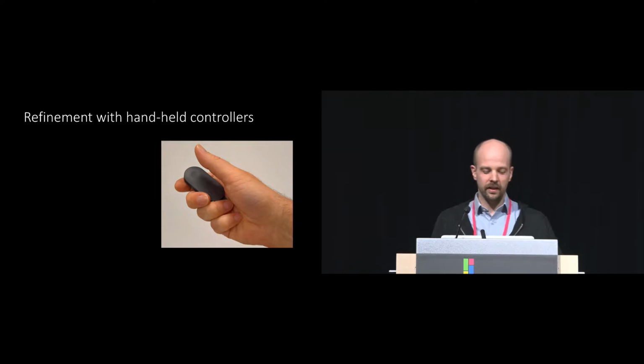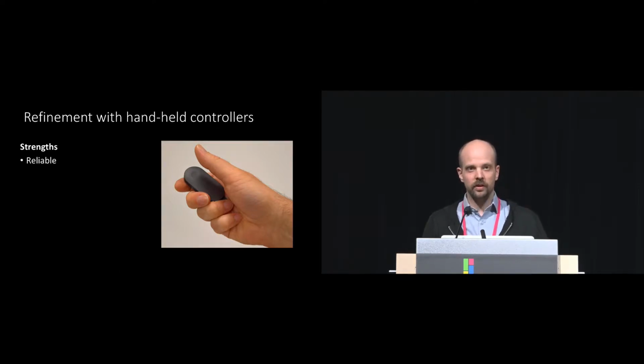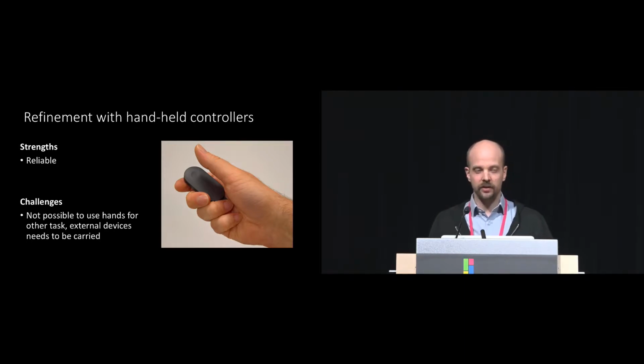The other one is refinement with hand controllers. They are more reliable than gestures, and we are used to pressing buttons quite well. The obvious drawback is that users cannot use their hand for other tasks, and external devices need to be carried.